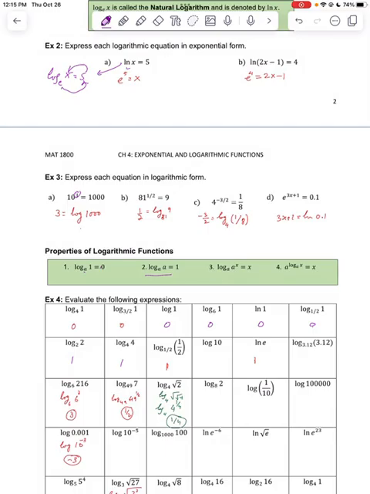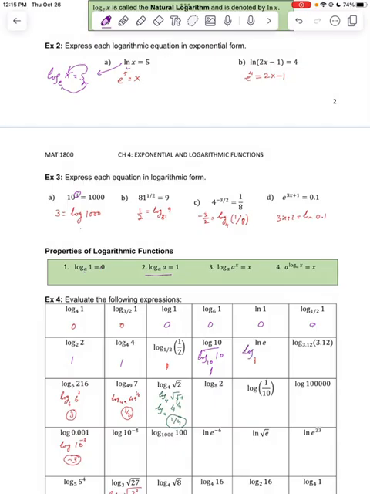So guess what will be the next thing? Log 10. So what is the base here? The base is 10. So this can be written as or understood as log base 10 of 10, which will be 1. The next is ln of e.